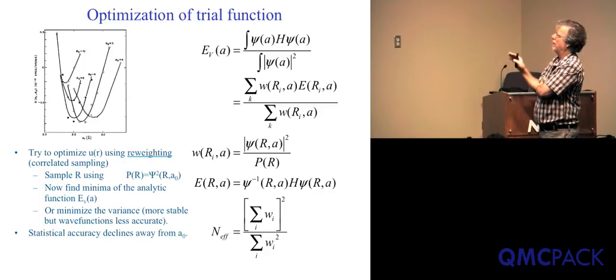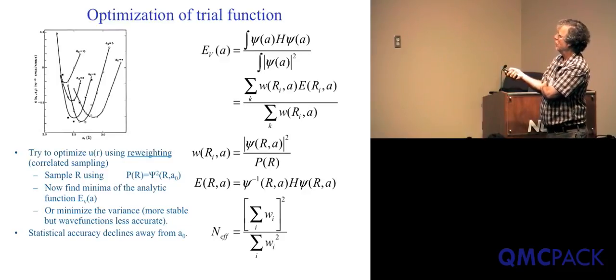It just goes downhill, following steepest descents. There are various minimization algorithms, and that would return the best value of A.